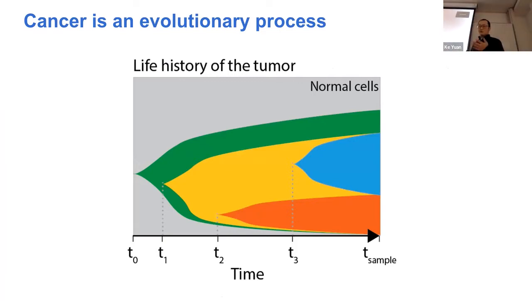Before computational pathology, most of my work was focused on cancer evolution using genomic data. So I'm very much interested in understanding cancer from an evolutionary perspective. Our understanding is that cancer is an evolutionary process. But the way we understand this process is to assume that there is a timeline going on.